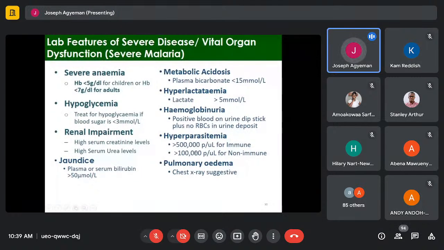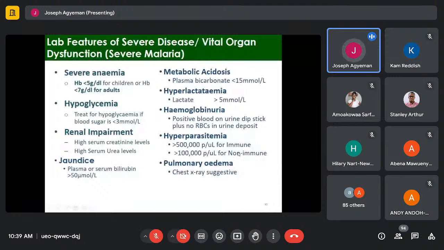And also in these non-immune individuals, somewhere around 50,000, they could still develop it. So once you detect a very low parasite count, don't say that there is no severe malaria. So do not let the parasite count deceive you. It is just one of the markers. It could be there or may not be there.